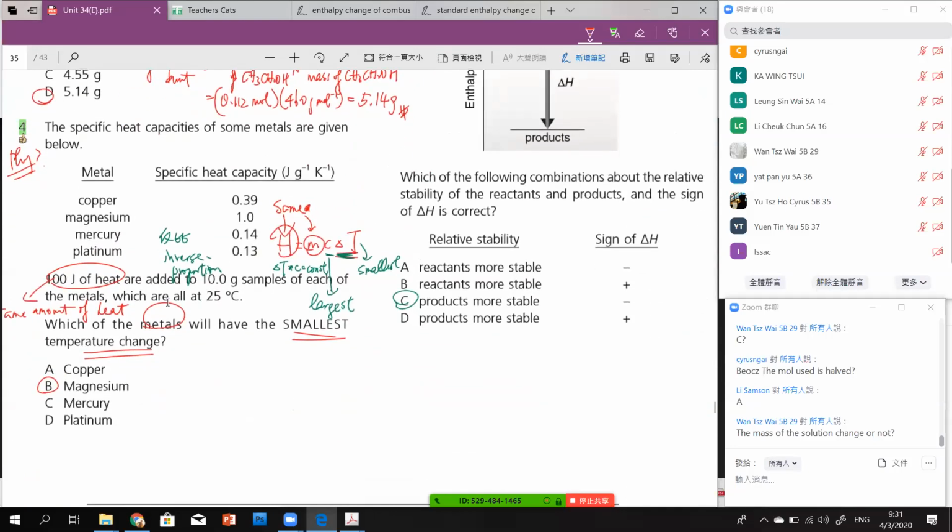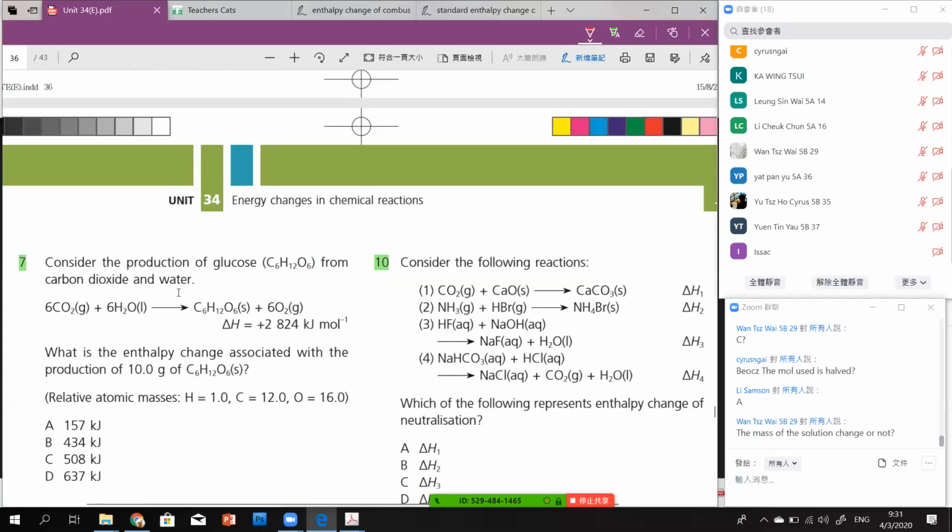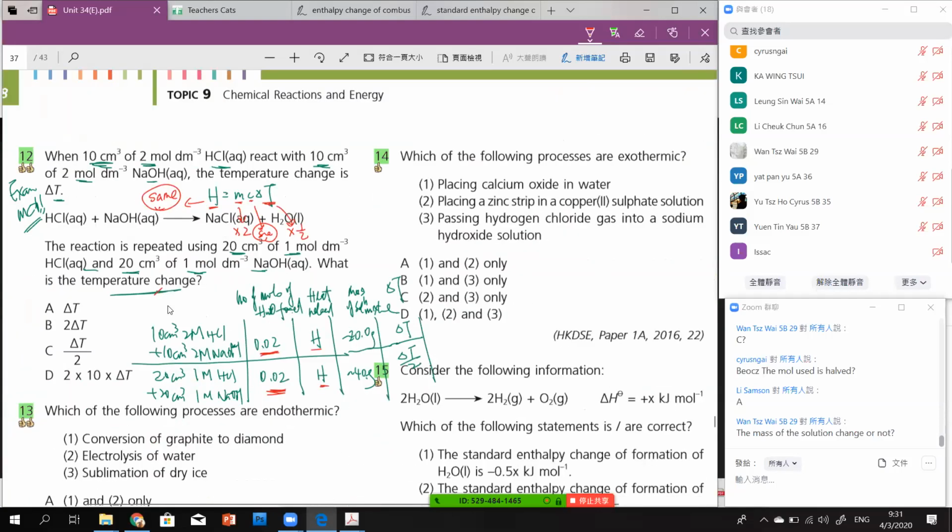You may see number 4, you may see number 12. It tells you a similar concept. I will use the same equation, H is equal to MC delta T, and I keep some of the parameters the same and ask you what would be the change of the others. Very, very similar. Don't worry too much about what type of reaction or what type of questions they are asking, because the underlying principle is the same.